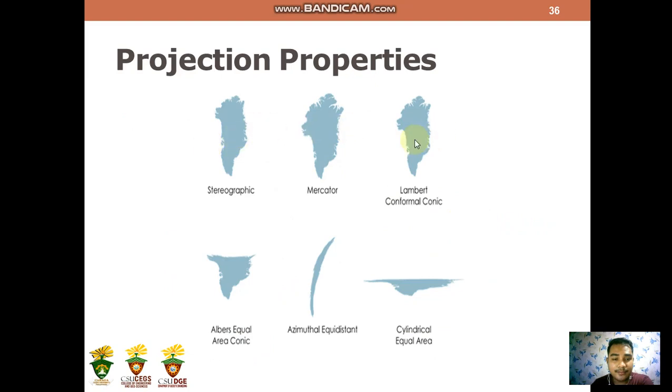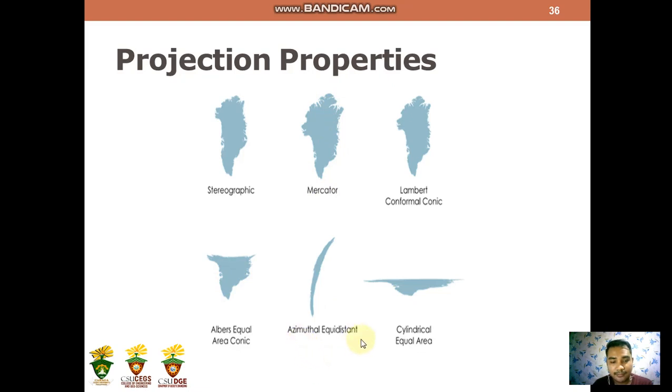And another projection property, makita ninyo nga nag-distort ang isa ka lugar. So kani is stereographic nga type sa azimuthal or sa planar. And pag-abot diri sa area conic, ang iyang gi-preserve is ang area, so ingani ang forma. And in Mercator, ingani ang forma sa isa ka lugar.